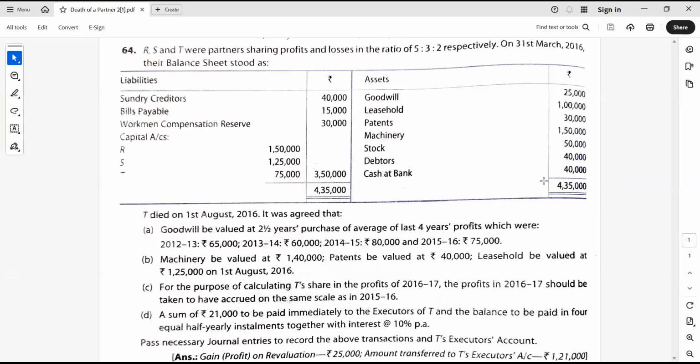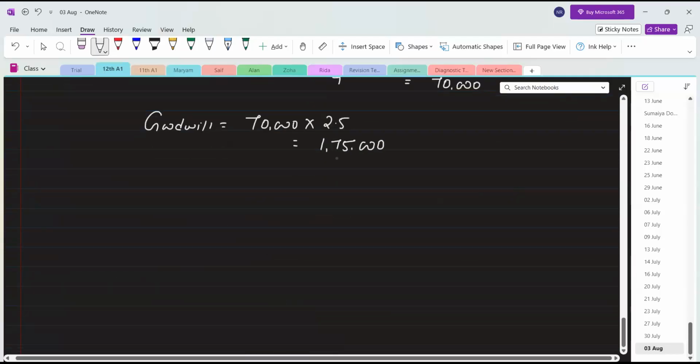For the purpose of calculating T share in the profit of 2016-17, okay, so now current year profit we have to calculate on the basis of 2015-16 profit. It is time method.